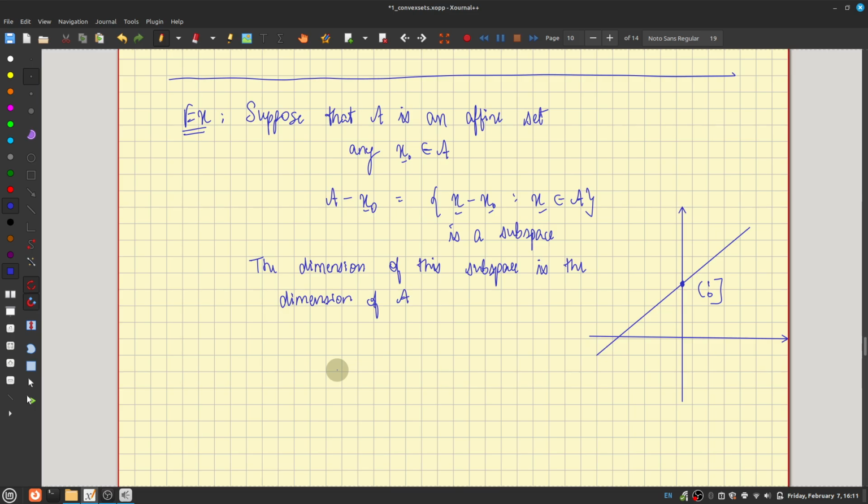Here's another exercise. Suppose I pick two points, x0 and x1, from this set A, where A is affine.